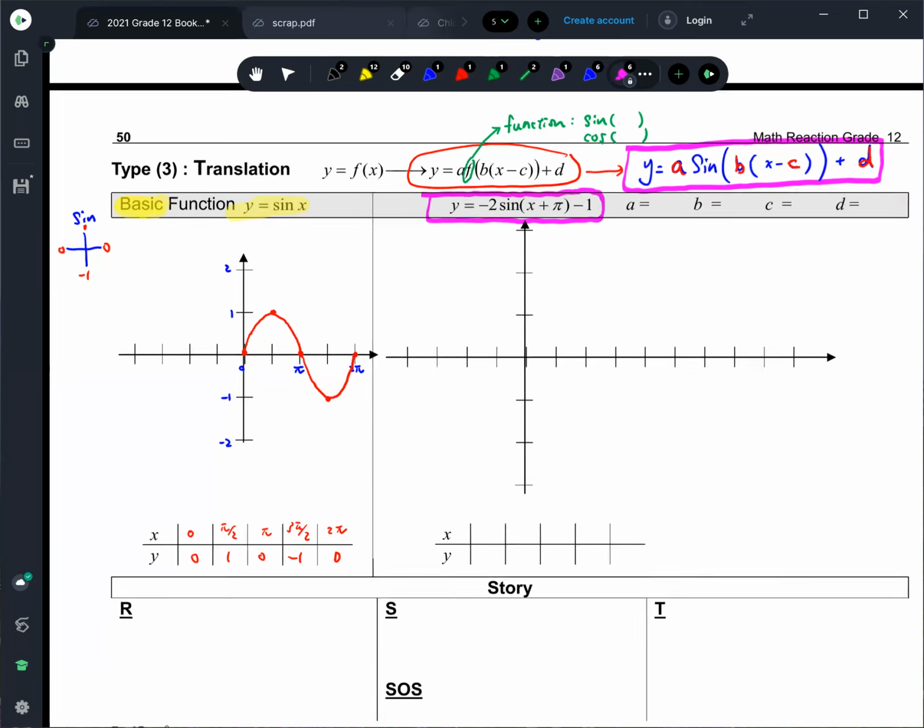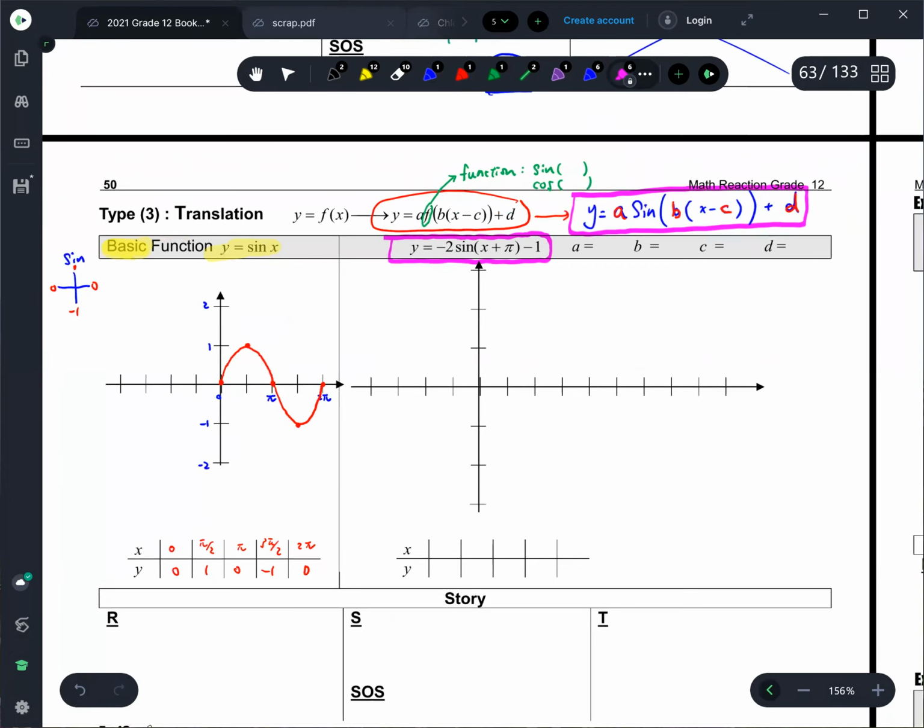Okay, we'll check if you got it right. Compare the two purple box, okay, to figure out what's the value for ABCD. Okay, raise your hand once you have your ABCD.